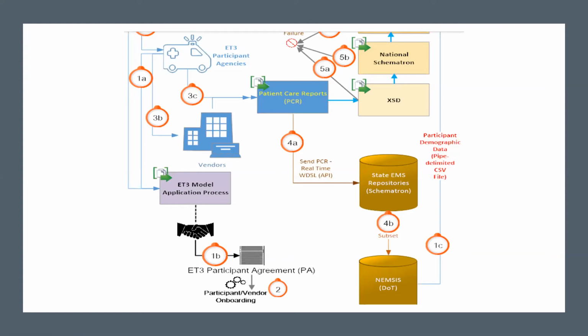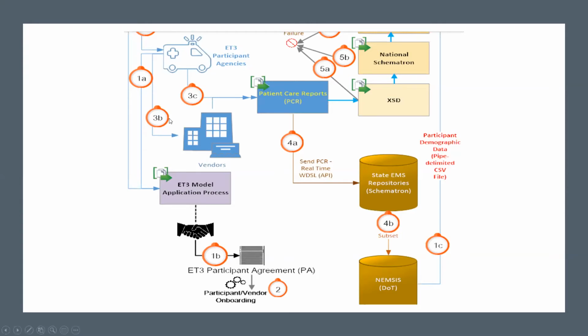So once we have a full list of agencies that we know are going to be a part of the program, then we can get information from the NEMSIS database from a demographic standpoint. So we use that data, again, to do some checks and balances, if you will, and to set up our tables so that the data that's flowing in is data we're expecting from these agencies.